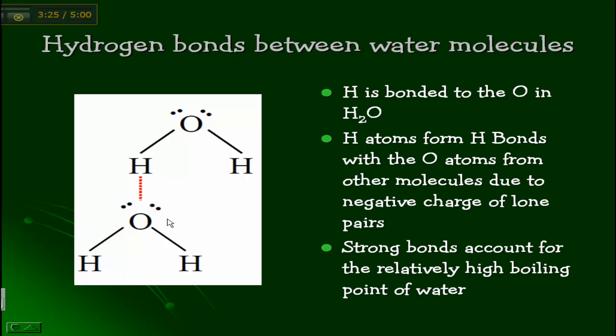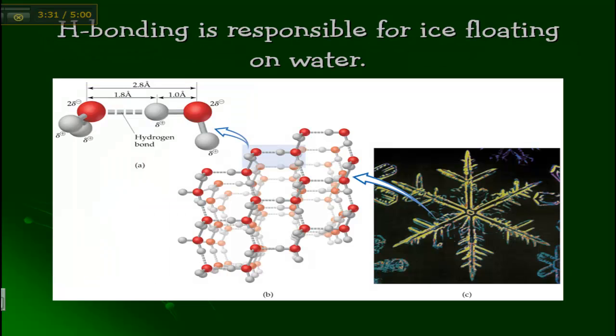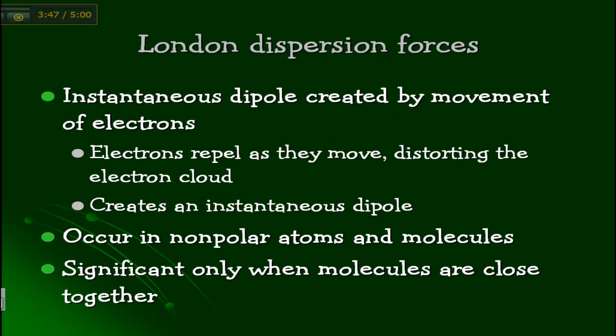These are fairly strong bonds, which is why water has a relatively high boiling point. It's also responsible for ice floating in water, because the molecules spread out, the distance gets longer, and so it can actually float in water instead of sink.